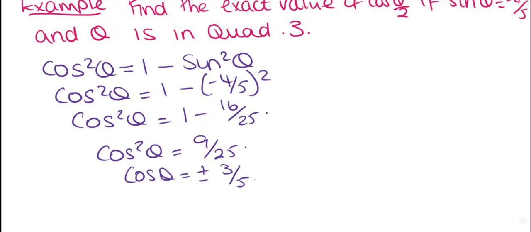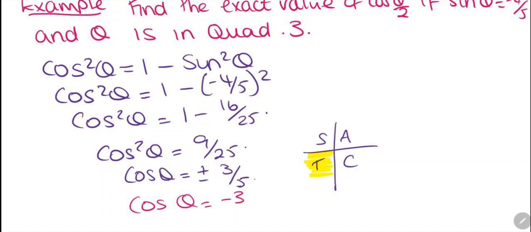Now we need to see which quadrant. So we were told that we're in quadrant 3. So in quadrant 3, tangent is the only positive. So our answer for cosine is going to be negative. So we've got negative 3/5.